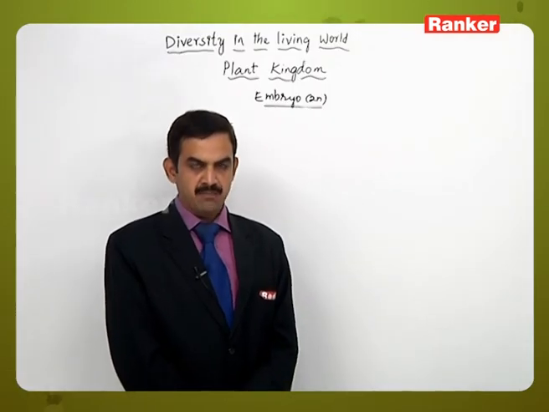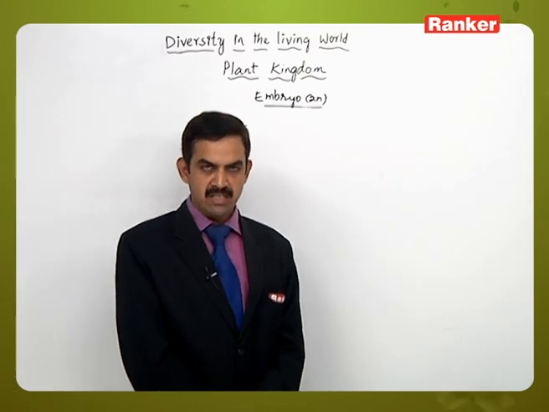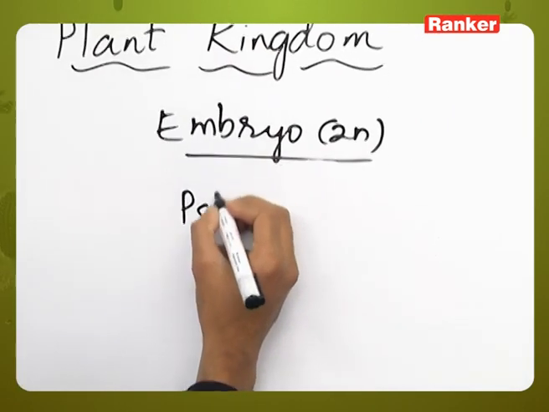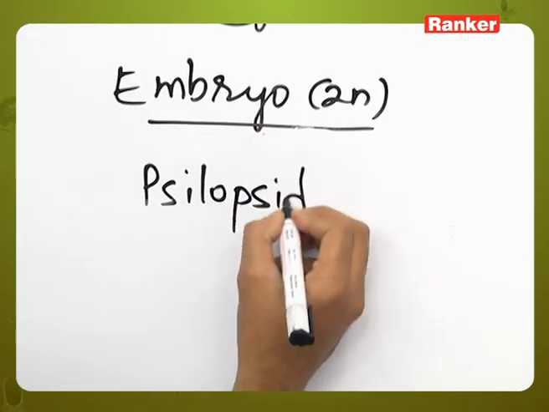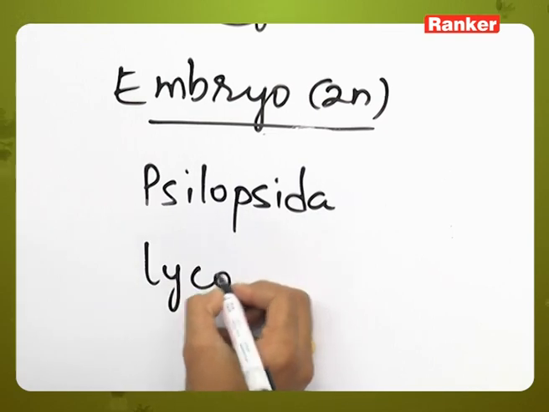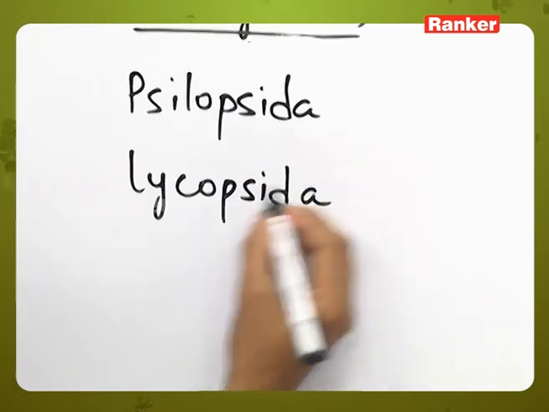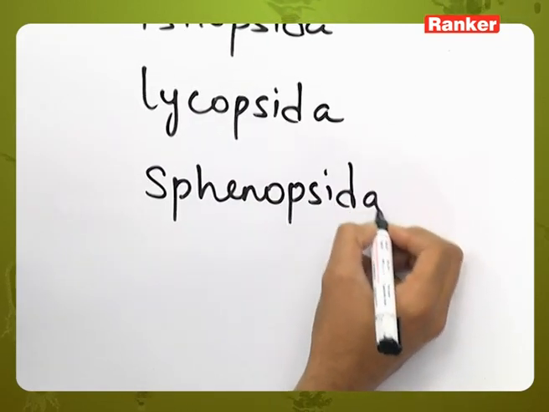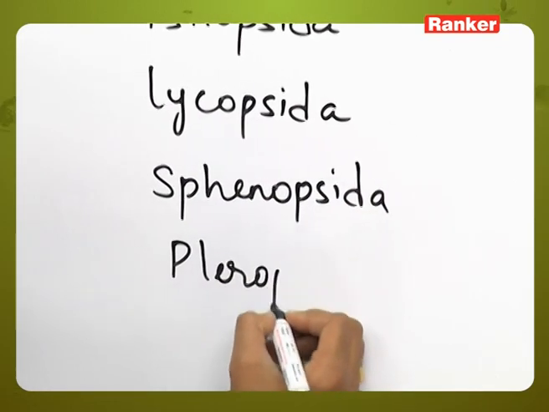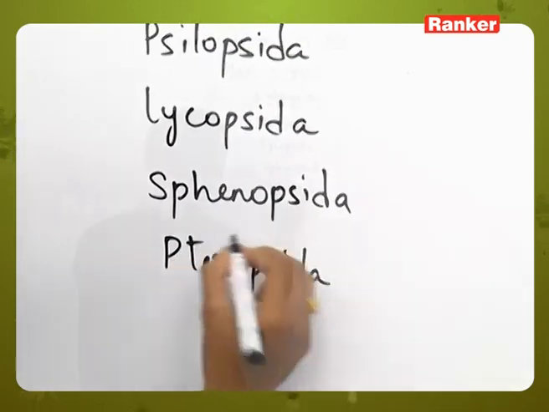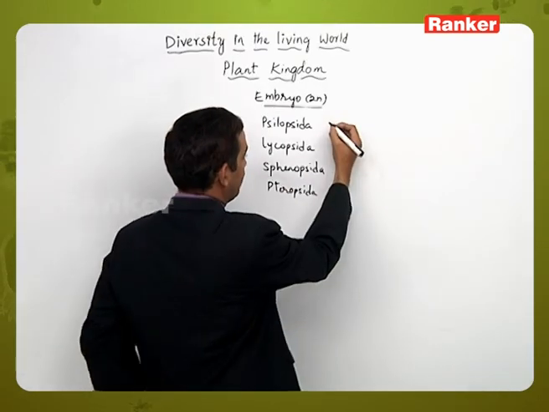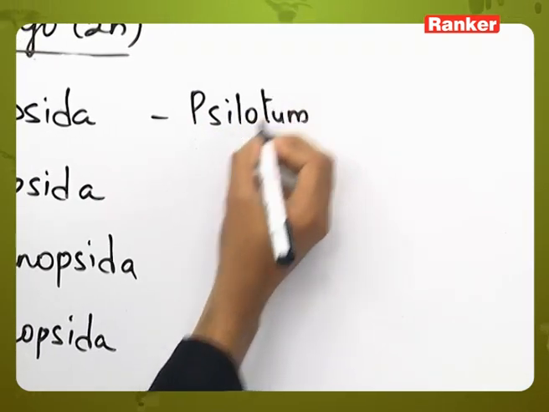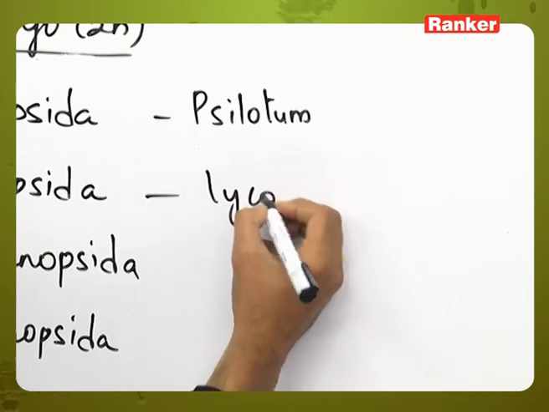In the Pteridophyta, the classification is also done. Further they have been classified into 4 classes, that is Coelopsida, Lycopsida, Sphenopsida and Pteropsida. Coelopsida includes examples like Coelotum. Lycopsida includes Lycopodium.